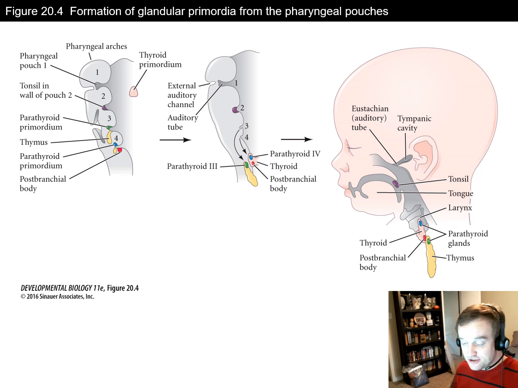The teeth and the major salivary glands are from the ectoderm, and the anterior taste buds are from the ectoderm, but the posterior taste buds, as well as the salivary and mucus glands in the back of your mouth, are from the endoderm. So as I said, there are 4 pairs of these pharyngeal pouches, and only one side is shown here, so it's symmetrical. So you'd have another 1 and another 2, 3, 4, etc. on this side.